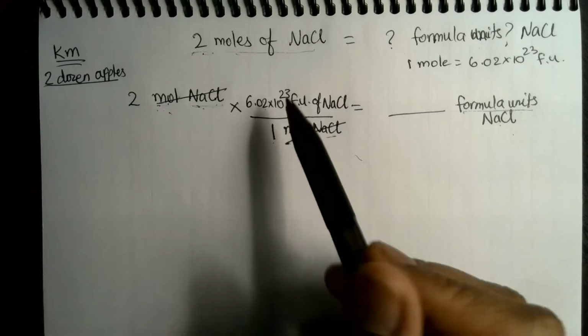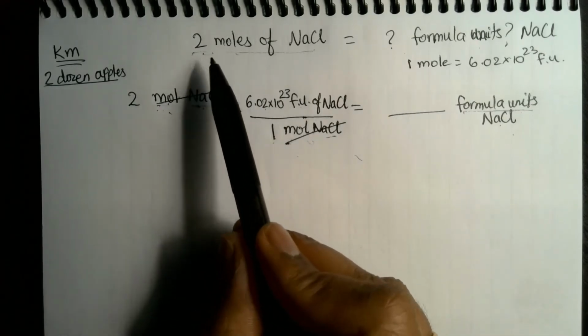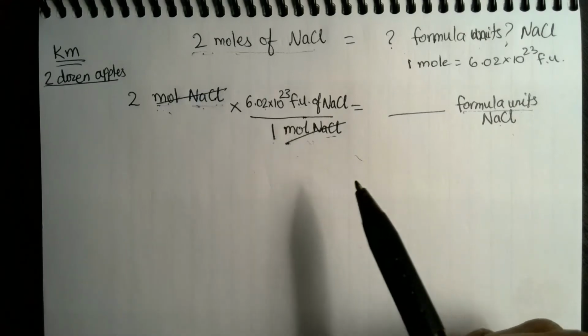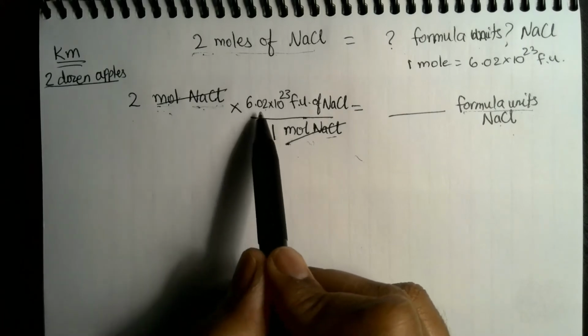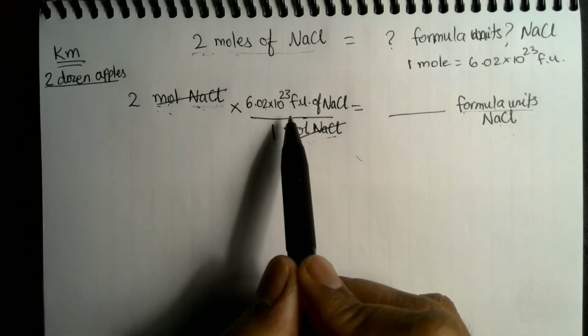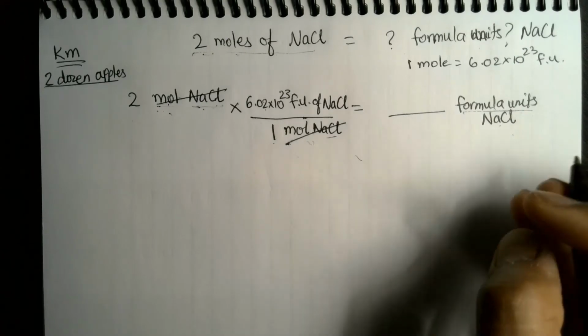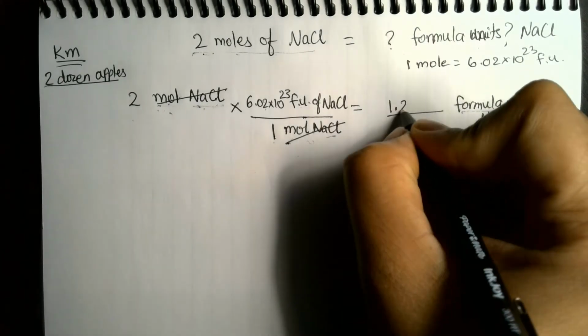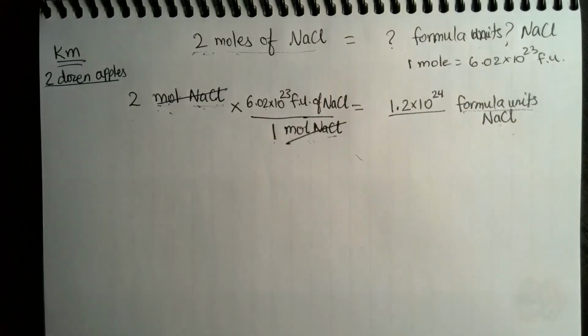Otherwise, you won't be able to get that simple answer, because you'll have different numbers and multiple steps involved. In this case, it's a simple answer, 2 times 6.02 times 10 to the power 23, which is 1.2 times 10 to the power 24. That's your answer.